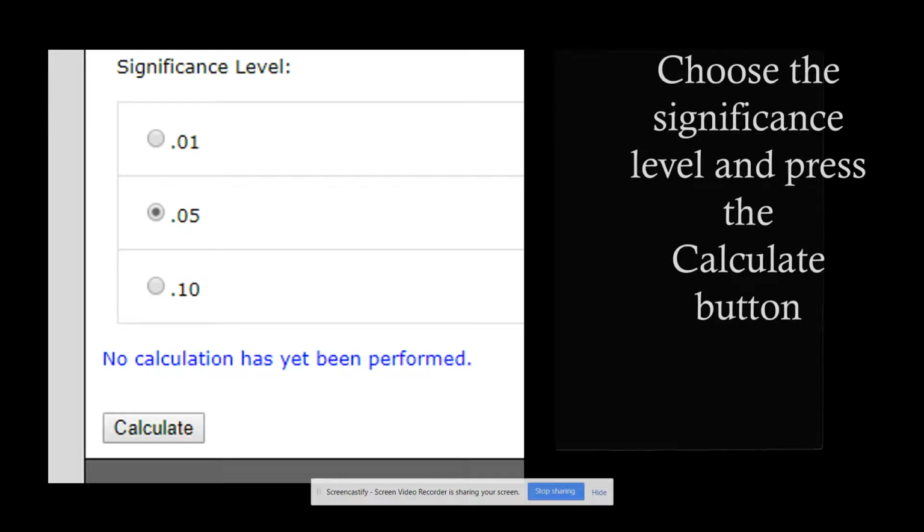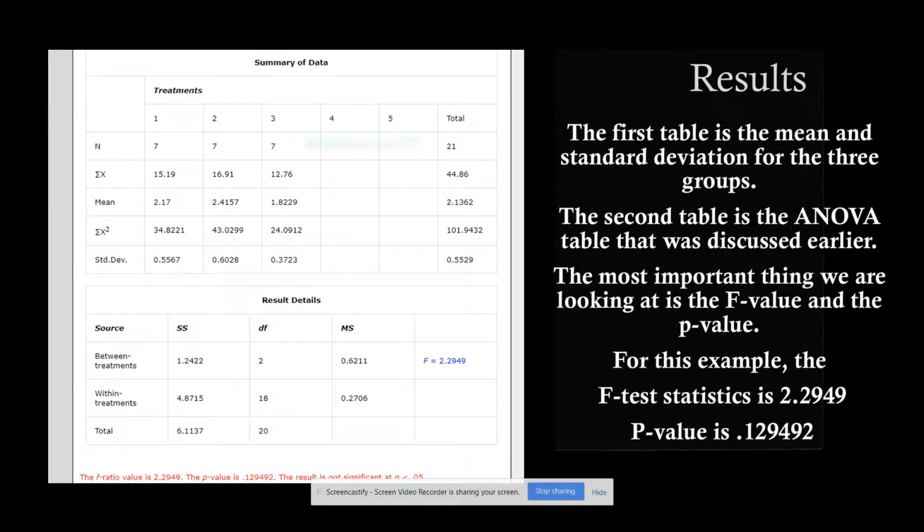Okay. All right, I'm going to use a 0.05 level of significance, and you just click on that to use it. And this is what this gives me. So I have a lot of stuff. The cool thing is the first table gives me the means of each group. So for store 1, the mean wait time is 2.17, and the standard deviation is 0.55.